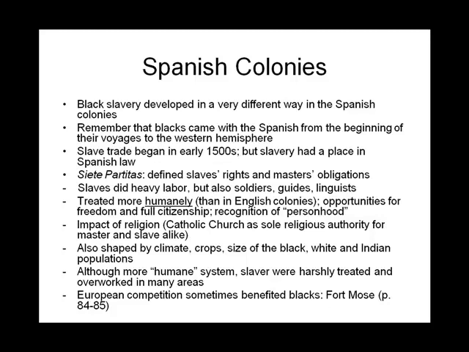In the Spanish colonies, the way in which slavery existed, the character of it, is going to be shaped by climate, crops, size of the black, white, and Indian populations, and interactions between these populations.